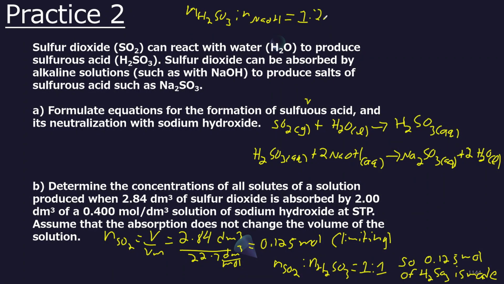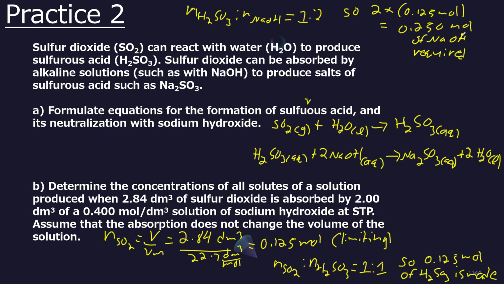So we need twice as much NaOH. So 2 over 1, but I'll just write 2 here. 2 times 0.125 is required. That comes out to 0.250. We need 0.250 moles of NaOH required.